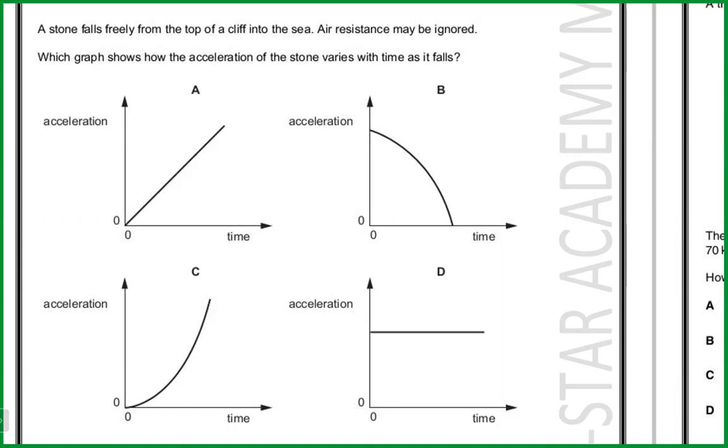That would be a very good answer for a distance time graph, because distance is increasing at an increasing rate. The distance fallen by the object increases because the speed will be increasing. So C is a good answer if it were a distance time graph, but he's asking for the acceleration time graph.